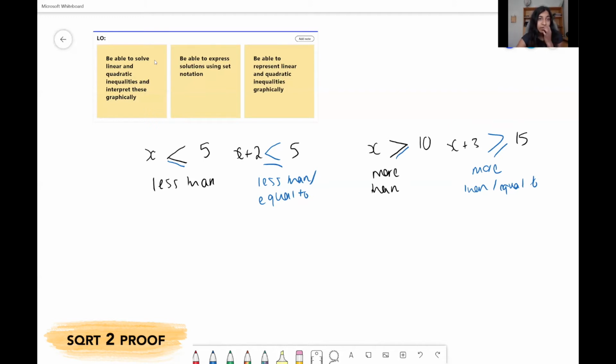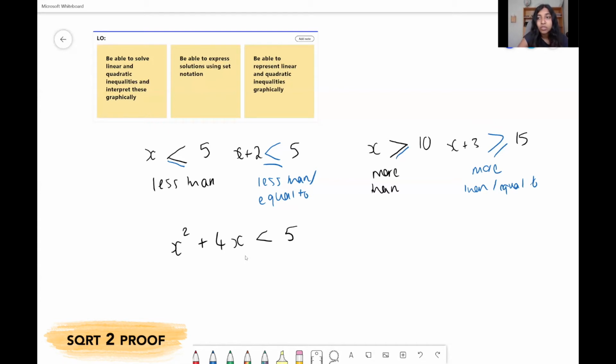The difference between a linear and quadratic inequality is just like the difference between a linear and quadratic equation, they're really similar. Anything that has an x squared in it would be a quadratic inequality. So you could have something like x squared plus 4x is less than 5.